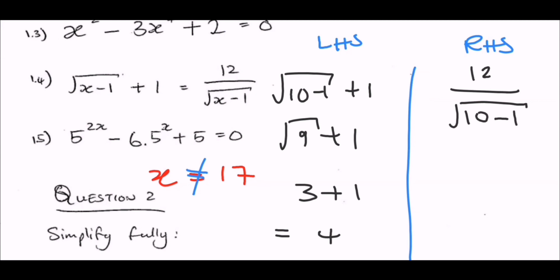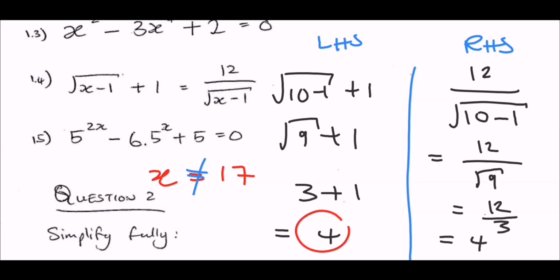If x is 10, then 10 minus 1 is 9, so the square root of 9 is 3, and 12 divided by 3 is 4. So here it does check out. You see, 4 is equal to 4. And therefore, that other answer, where you said x is equal to 10, this answer does work.